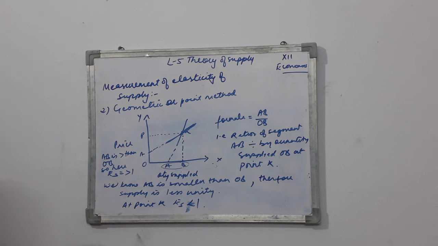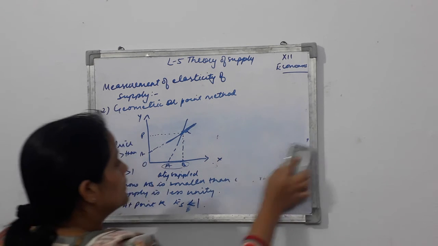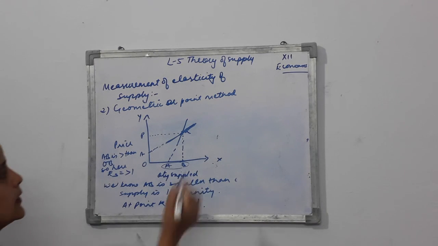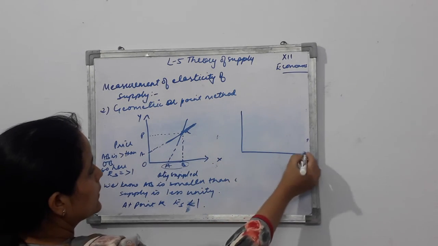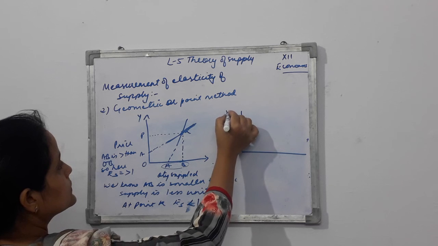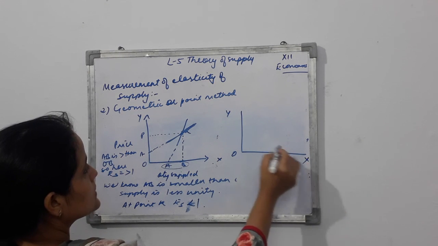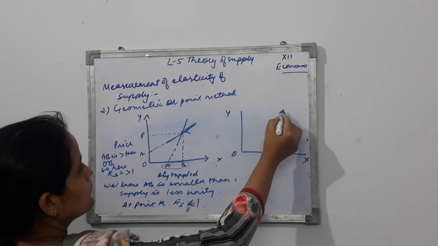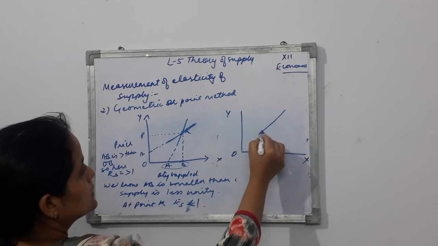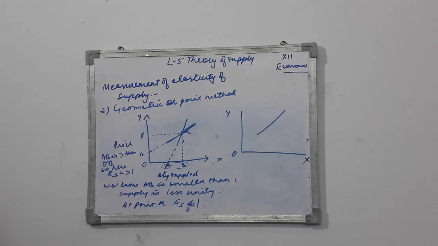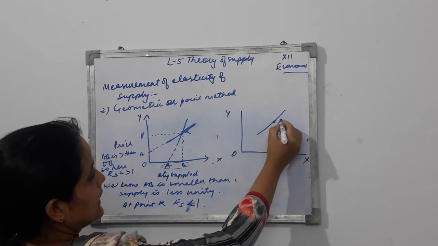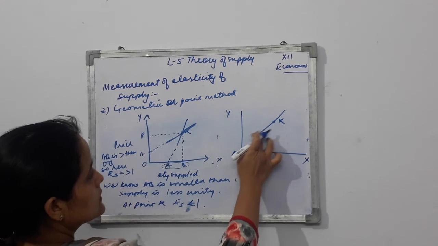Same way, if we use one more diagram, this is Y, this is O, this is X, right? Now this is one more diagram, okay? And this is saying that at point K, calculate the elasticity of supply.